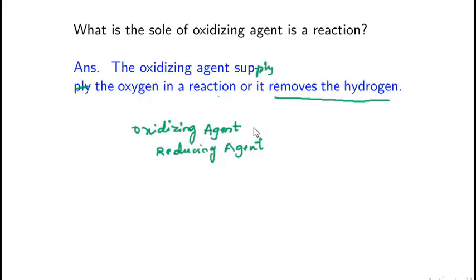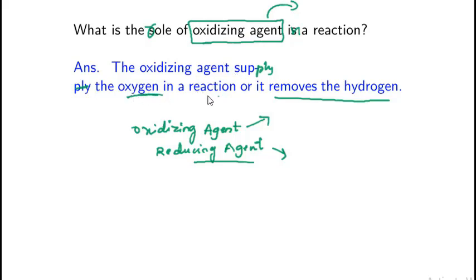When in a reaction a substance adds or supplies oxygen, then it is called an oxidizing agent. Or when oxygen is removed, then it is called a reducing agent. Got it? So what is the role of an oxidizing agent in a reaction? An oxidizing agent is a substance which oxidizes another substance, or it gives its oxygen to another substance, so it is going to supply oxygen in a reaction, or it is going to remove the hydrogen.